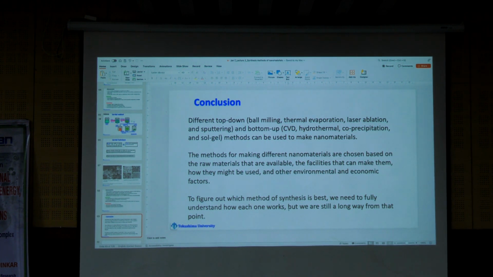Nanoscale to picoscale, yes. I have told you that when you are going from top to bottom, you need a certain kind of treatment, like grinding, crushing, or giving a certain kind of energy to cut the particle. If you want to go towards a deeper scale, like picoscale, for example, you can use a laser.